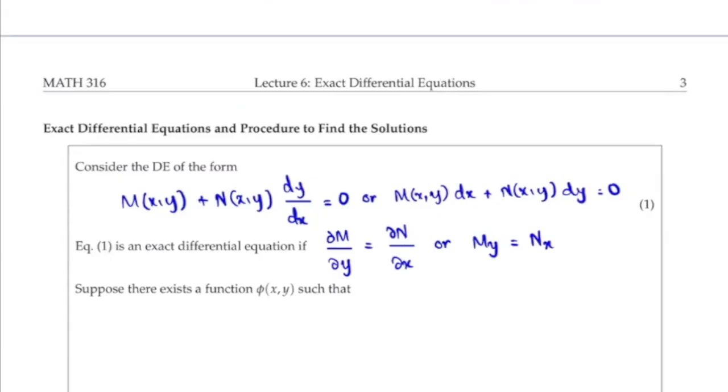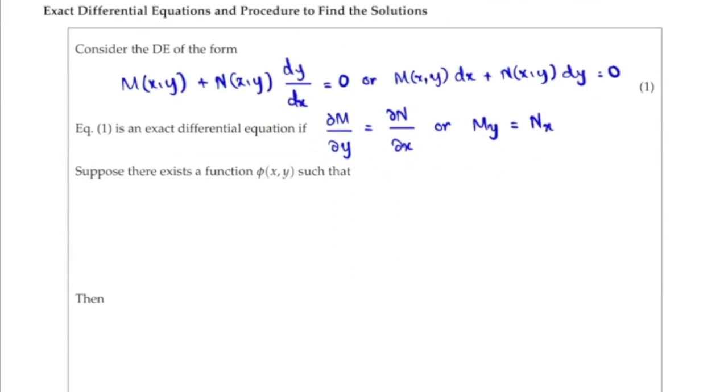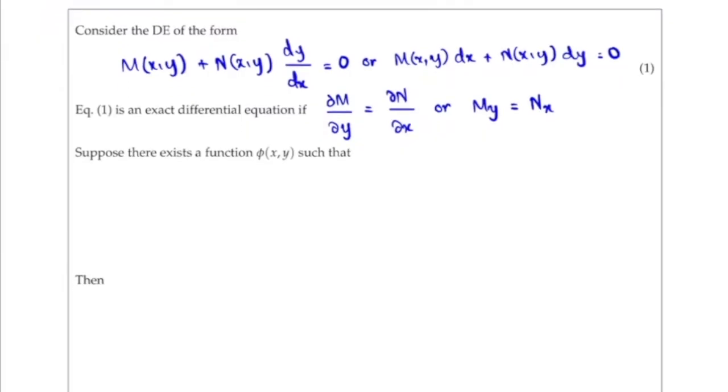Now, after checking that the differential equation you work with is exact, you start finding the solutions. So suppose there exists a function, let's call it phi of x y, such that partial phi partial x is equal to capital M of x y, and partial phi partial y equal to N of x comma y.